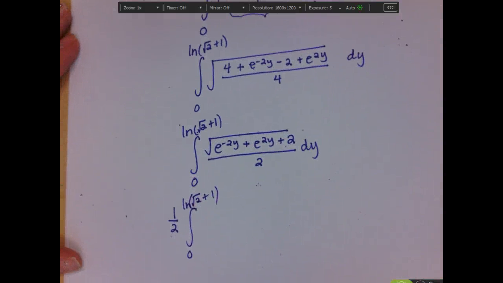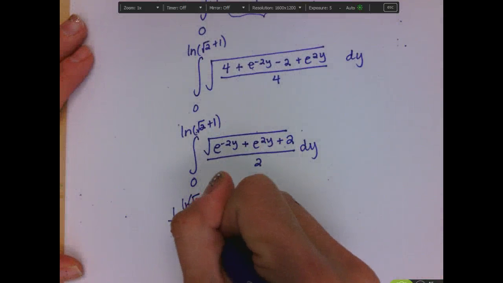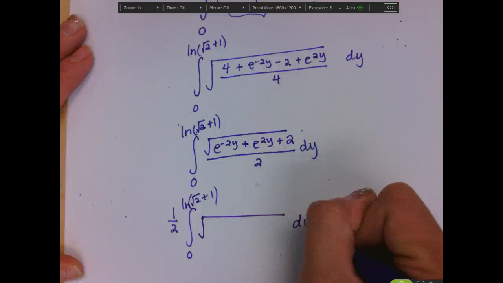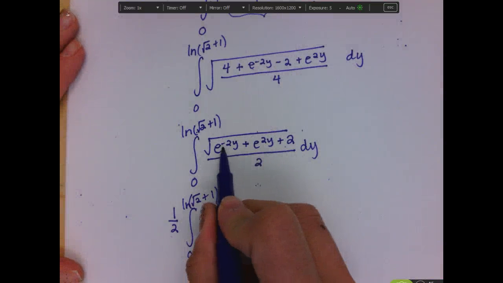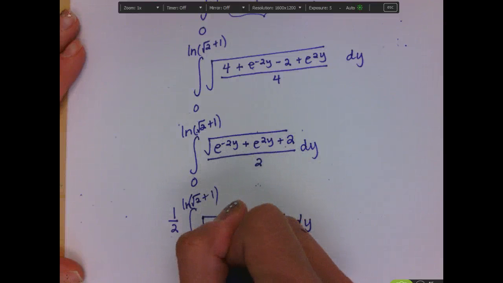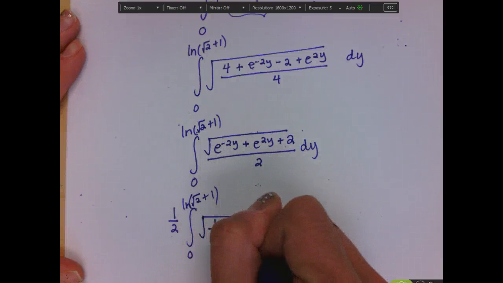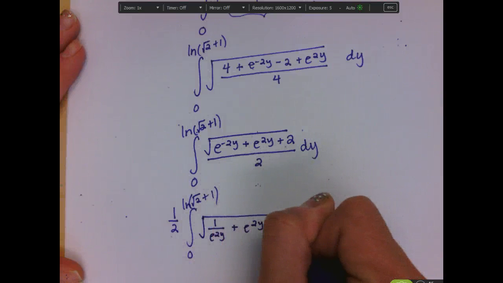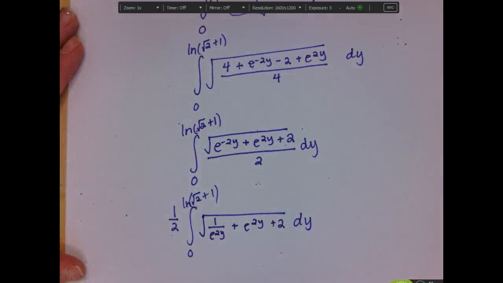Now I have all of this inside stuff being square rooted, but I want to think of it like this. This negative exponent is kind of in the way right now, so that can be written as 1 over e to the 2y plus e to the 2y plus 2.